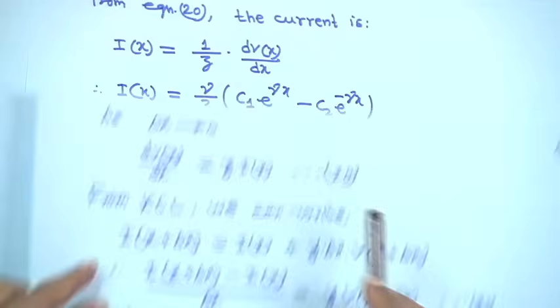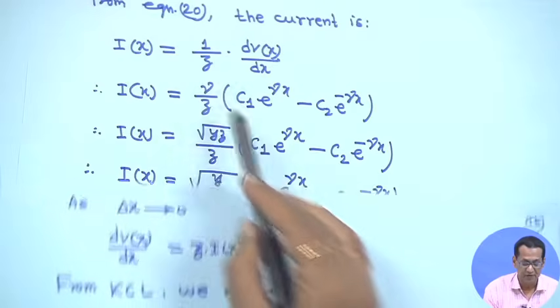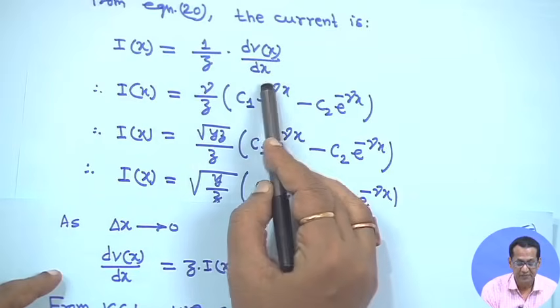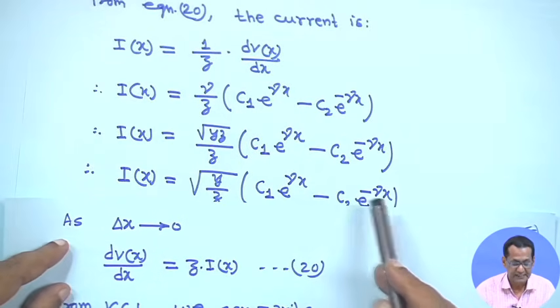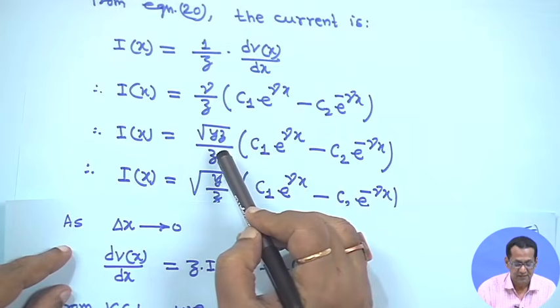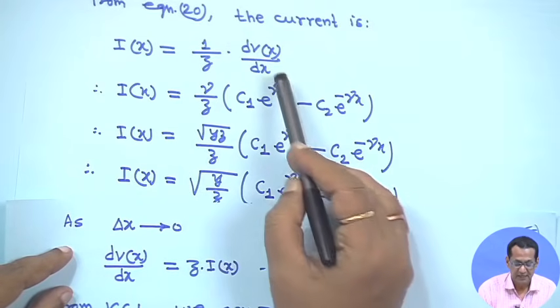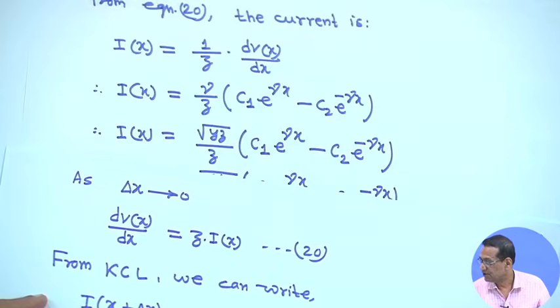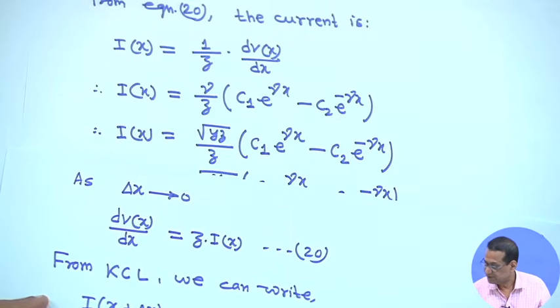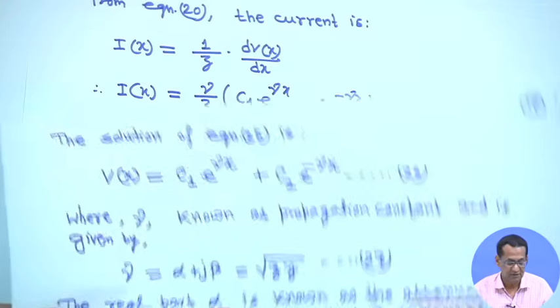From this equation we can write Ix is equal to 1 upon small z into dVx/dx. Therefore, the expression for Vx we have got, this one we have got.